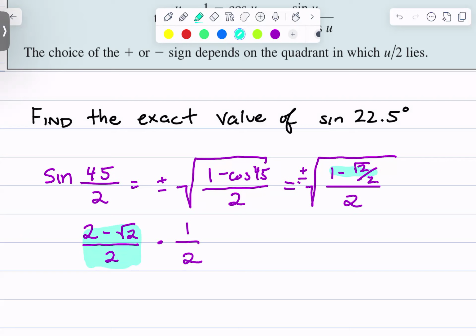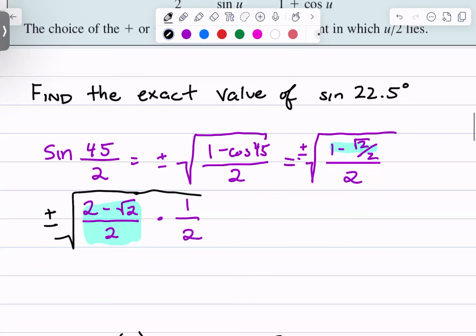Common denominator of 2. Okay. And then we still have our square root. And we still have plus or minus. Okay. So this guy equals plus or minus square root of 2 minus square root of 2 over 4.